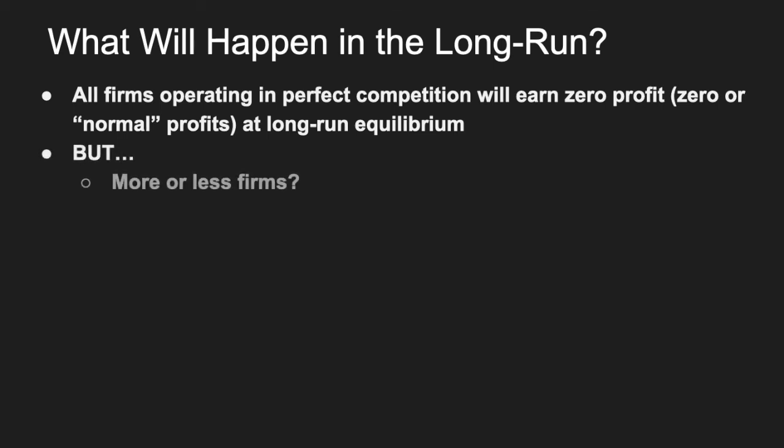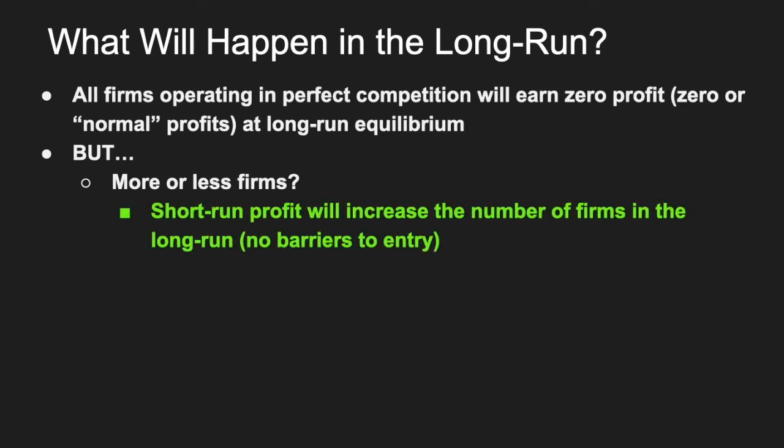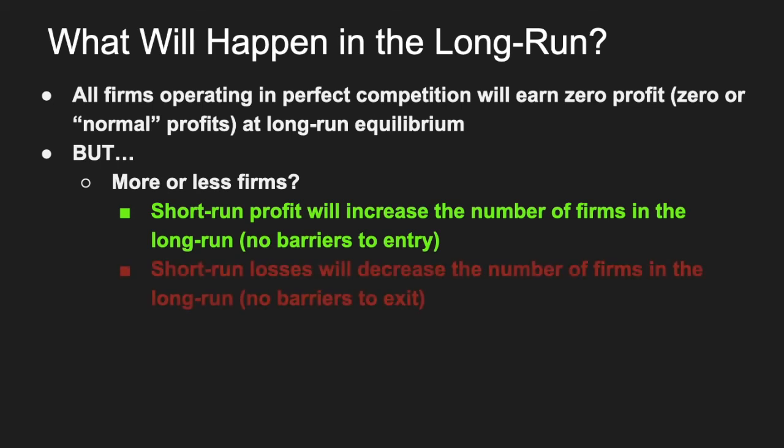But what about the number of firms? Well, if there's short-run profits, that's going to attract firms, so that would increase the number of companies in the market in the long run. If there are short-run losses, that's going to decrease the number of firms because we're going to see firms exit the market, and there are no barriers to entry or exit, so they can do that.